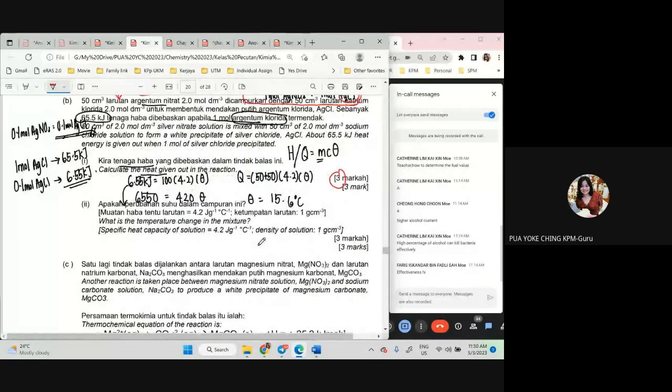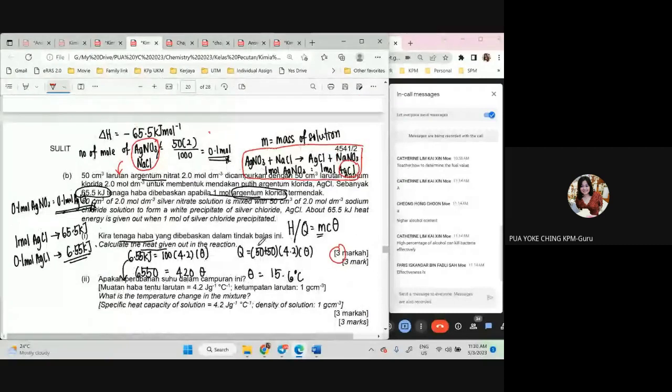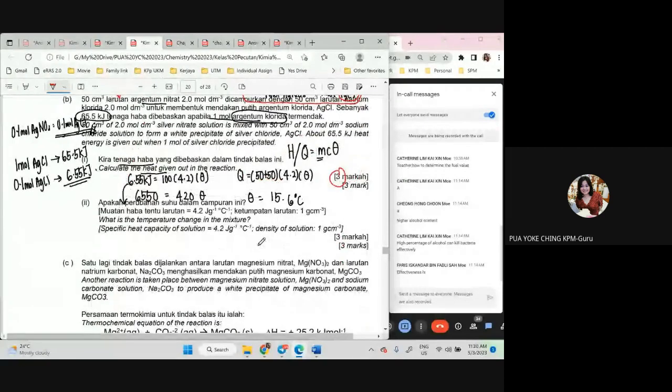Okay, so ini untuk calculation, tengok balik all the calculation, kira mole, ratio of mole with, satu lagi this one. Ratio of mole with Q ataupun mole with H. Ini wajib, tak boleh tertinggal.